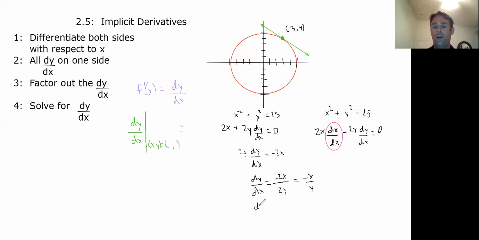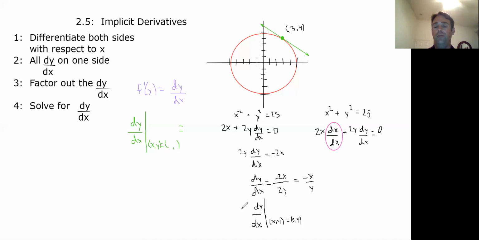So to figure out the equation of that tangent line, I'm going to go ahead and evaluate my slope. So x and y, and in place of x and y, I'm going to plug in the point 3, 4. So this is the form.